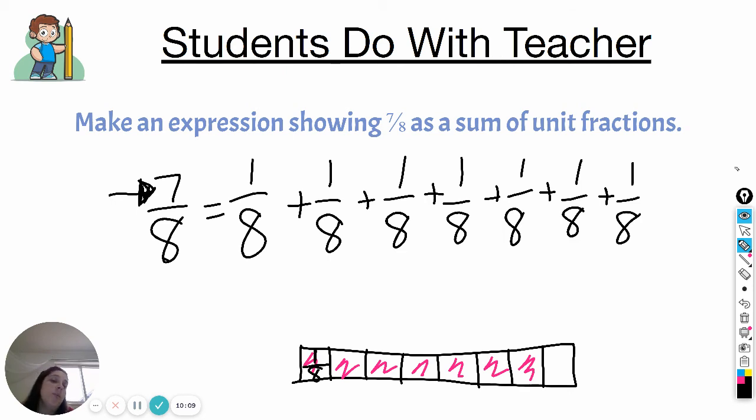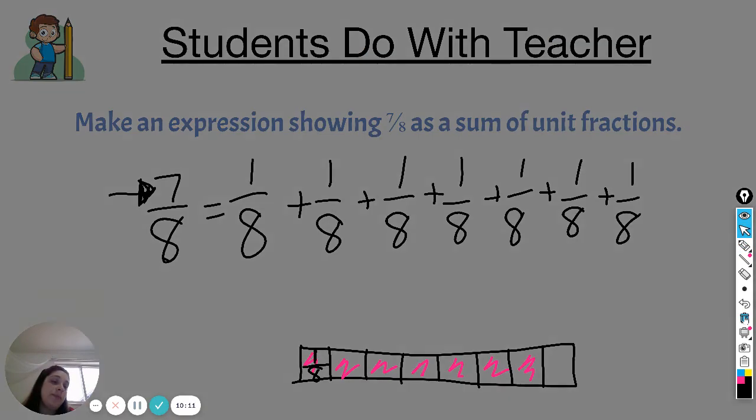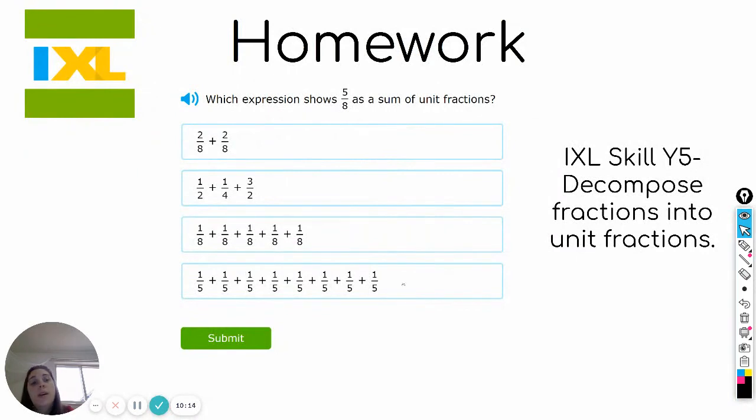Okay, let's take a look at the homework that you're going to be working on today. IXL skill Y5, decompose fractions into unit fractions. So you'll see here's one example. Which expression shows 5/8 as a sum of unit fractions? First, you need to make sure that you have the right denominator. So for this one, that's 8. These do not have denominators of 8, and these do not have denominators of 8. So neither of those are correct.